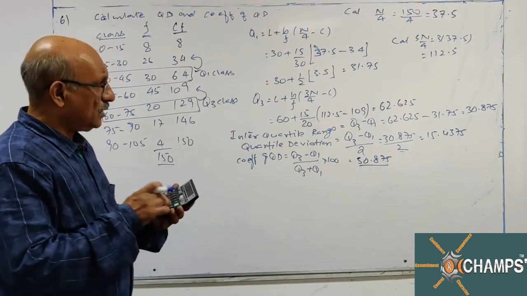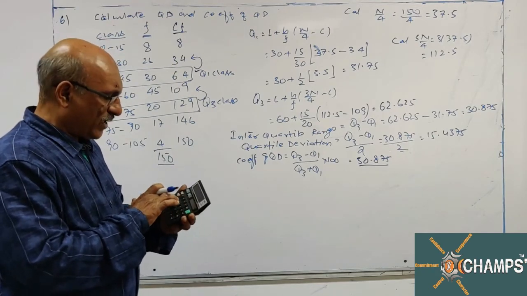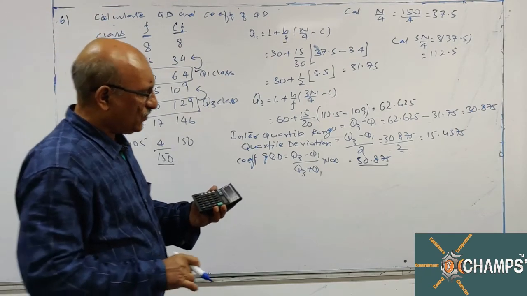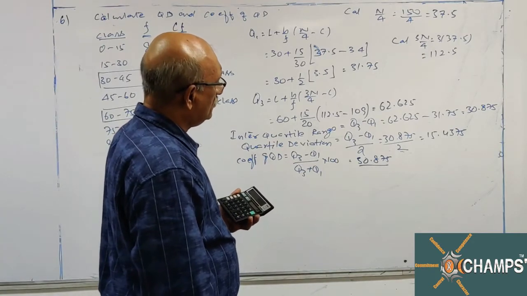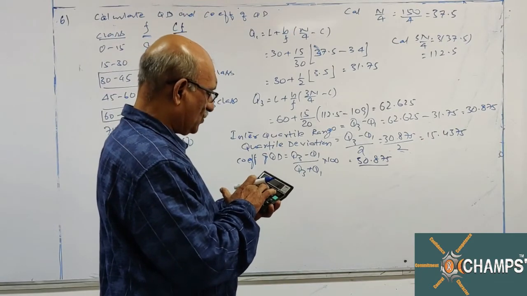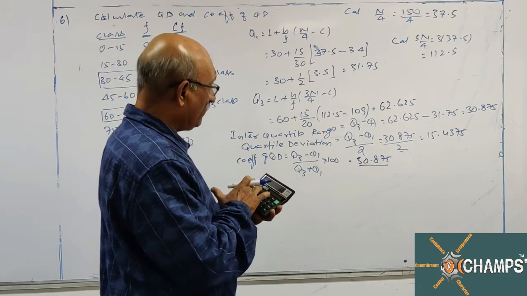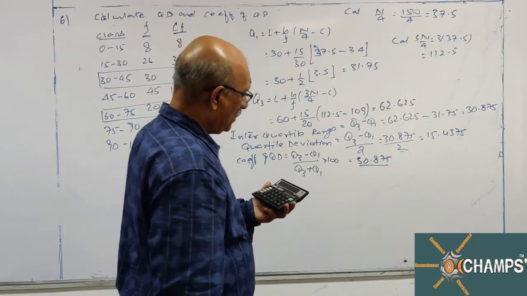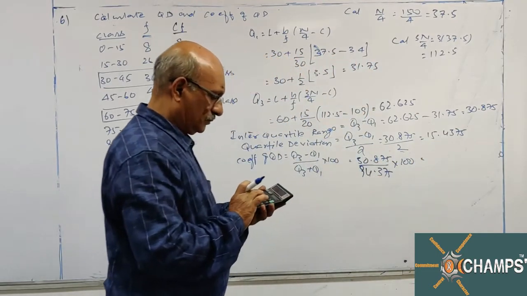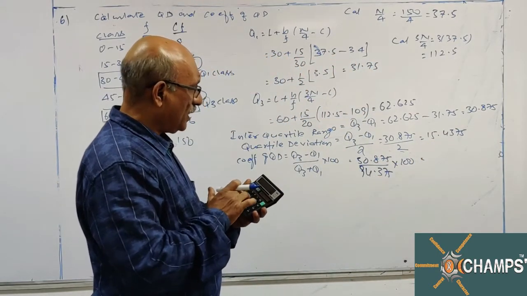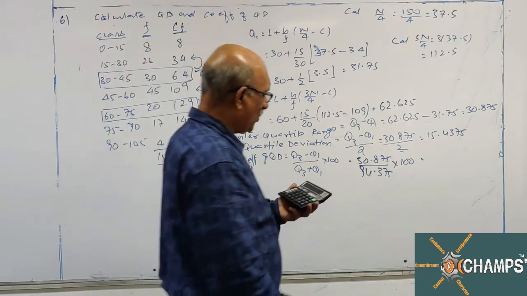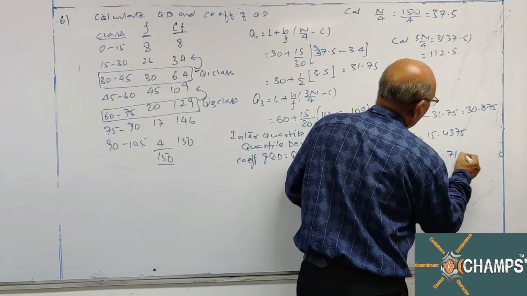Q3 plus Q1 is 62.625 plus 31.75, which is 94.375. 30.875 divided by 94.375 into 100 is 32.715%.